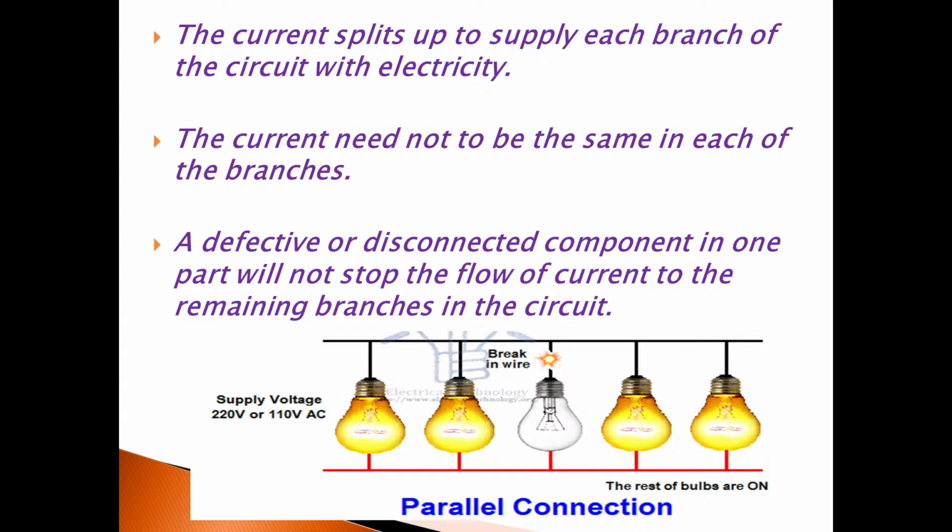So the current, the electricity, is split up to supply each branch of the circuit with electricity. The current need not be the same in each of the branches. A defective or disconnected component in one part will not stop the flow of current to the remaining branches in the circuit.